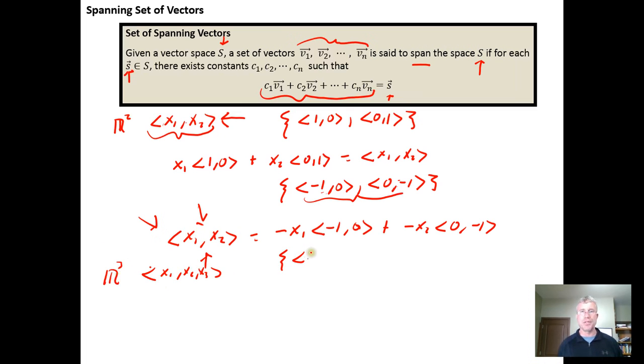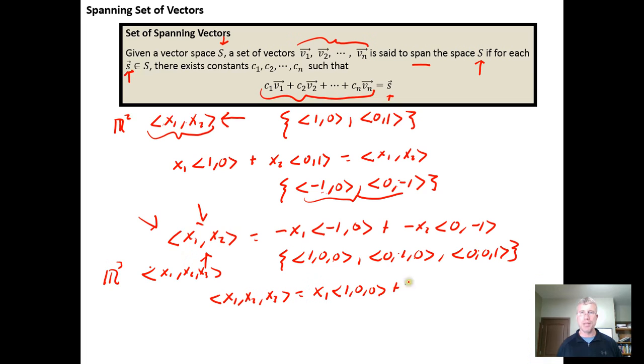And the set of vectors given by 1, 0, 0, 0, 1, 0, 0, 0, 1 would span the vector space R3, because if we have an arbitrary vector x sub 1, x sub 2, x sub 3 in R3, we can express it as a linear combination of these three vectors very simply as x sub 1 times the vector 1, 0, 0 plus x sub 2 times the vector 0, 1, 0 plus x sub 3 times the vector 0, 0, 1.